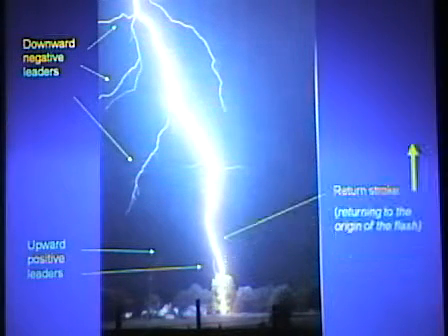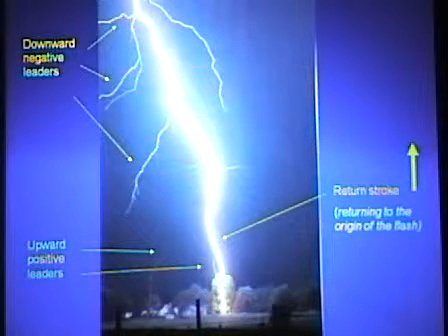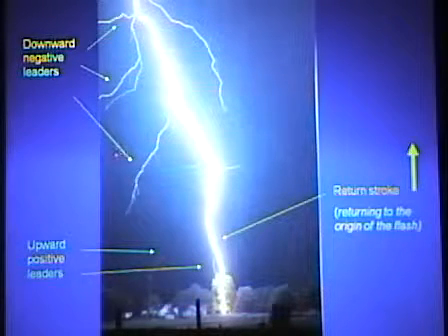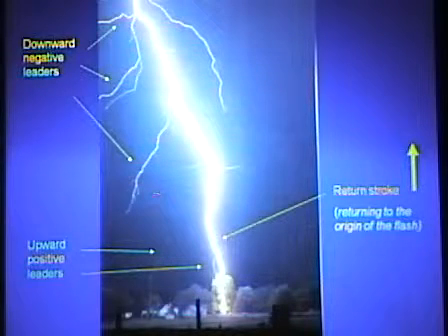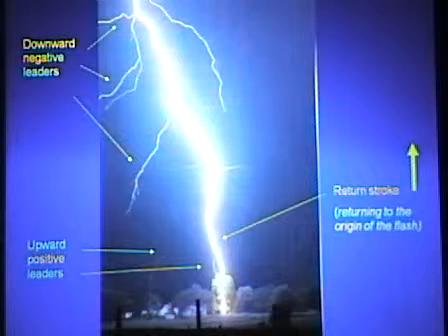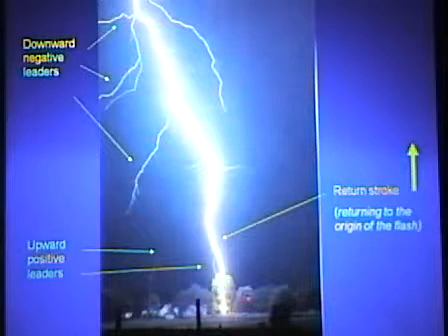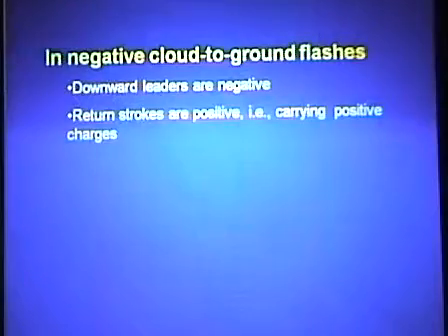And it's called a return stroke because the current starts from the ground and goes through the leader channel which touched the ground before, returning to the origin of the flash, which was in the cloud. And this current going from the ground brings positive charge upward to the cloud.